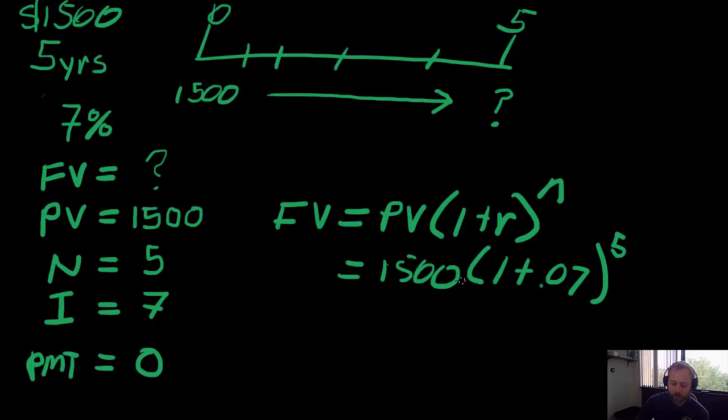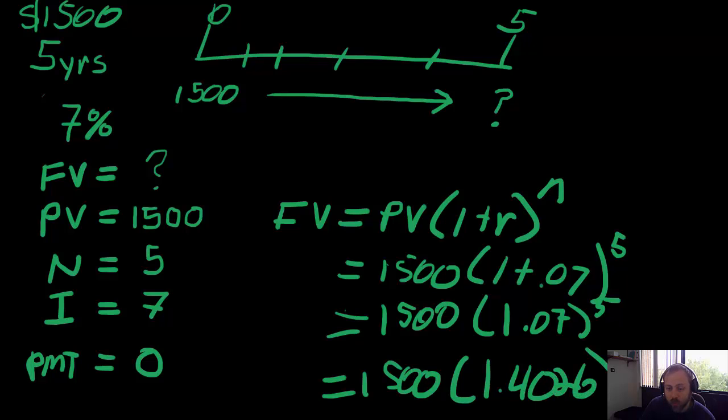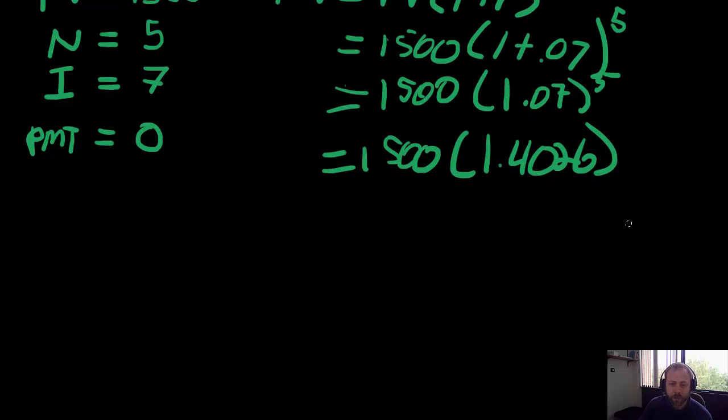This is the way my grandpa used to do it when Harry Markowitz first invented modern portfolio theory. So let's just do the simple math. This is going to be 1,500 times 1.07 to the 5th, which on my calculator is 1.07, x to the y, 5, and that gives me 1.4026.